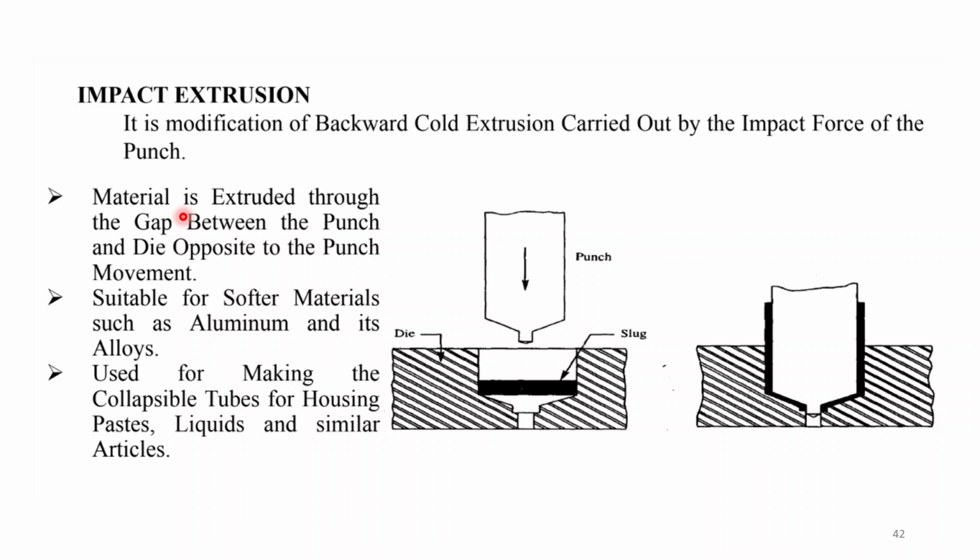Material is extruded through the gap between the punch and the die, opposite to the punch movement. It is suitable for softer materials such as aluminum and its alloys, and it is used for making collapsible tubes for housing pastes and liquids and similar articles.